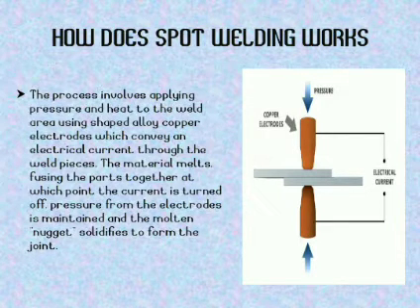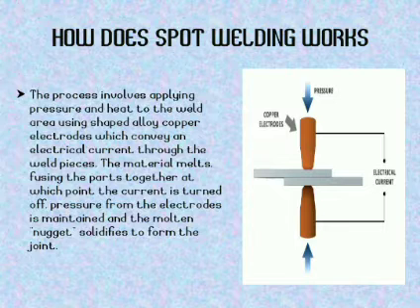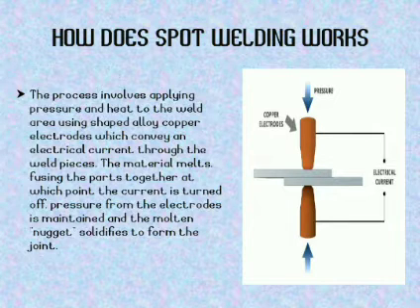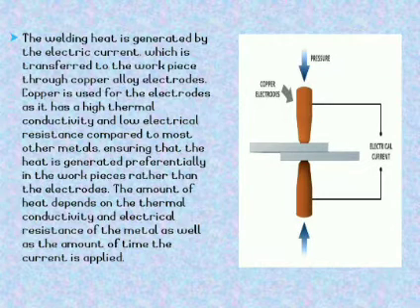The process involves applying pressure and heat to the weld area using shaped copper alloy electrodes, which convey an electrical current through the weld pieces. The material melts, fusing the parts together, at which point the current is turned off. The pressure from the electrodes is maintained and the molten nugget solidifies to form the joint.